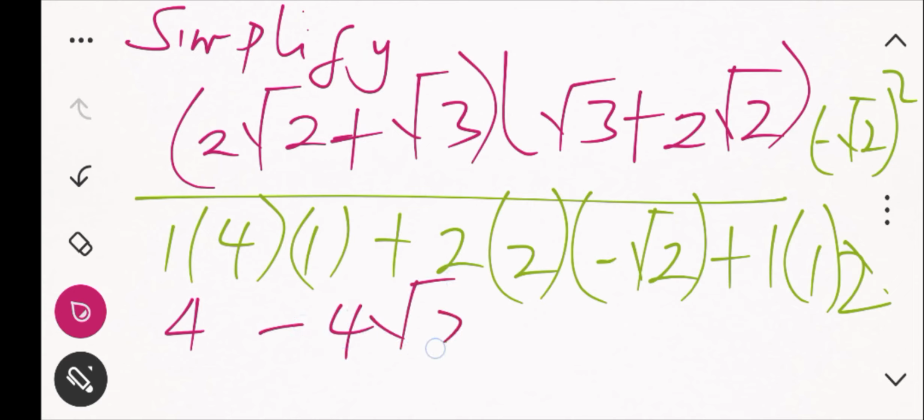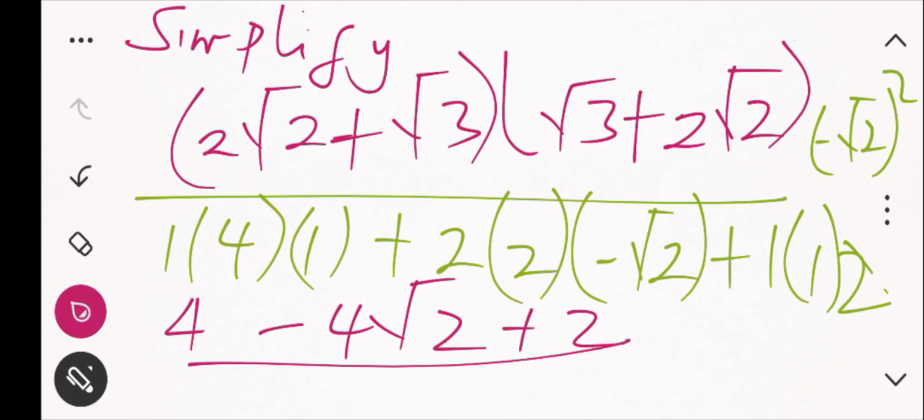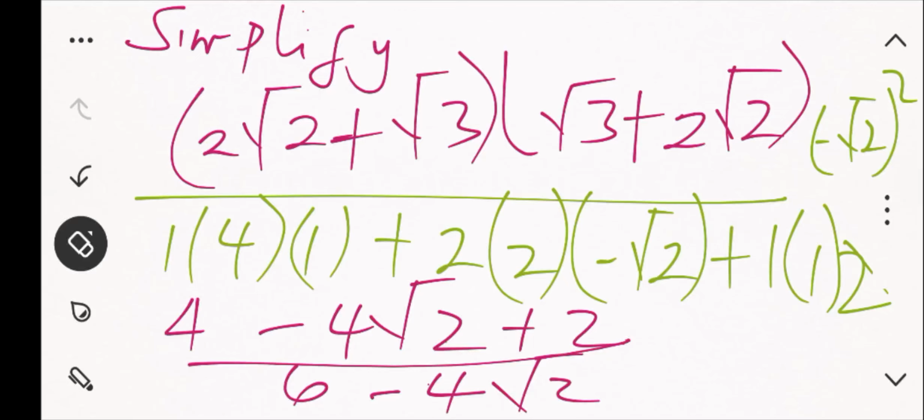And we have 1 times 1 times 2, which is 2. So we have 2 plus 4 here, giving us 6 minus 4 root 2. And that should be our answer if you want to use Pascal's triangle to do the expansion. You can also choose to do the FOIL method. Use the FOIL to do it, and let's see what you get.